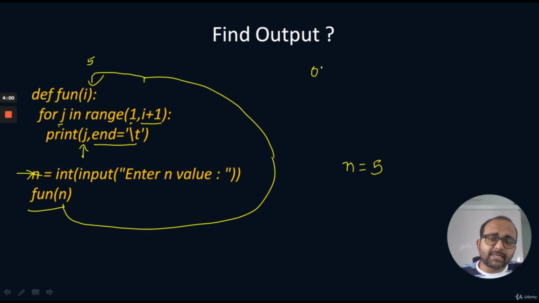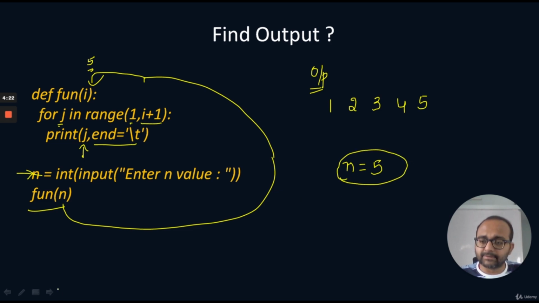So finally the output that is going to be displayed here will be the j value, which is initially 1 and later 2. In the next iteration it will be 3, then 4, and finally it will be 5, because the value 5 is getting passed here, and n is equal to 5 here. Just like this.